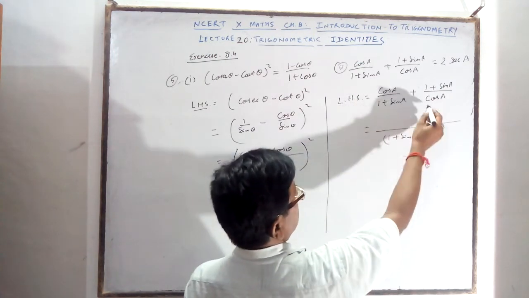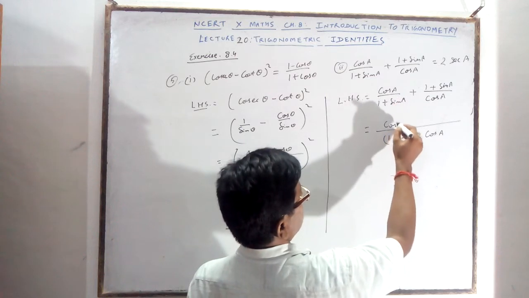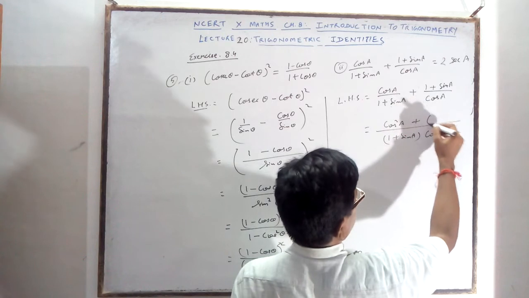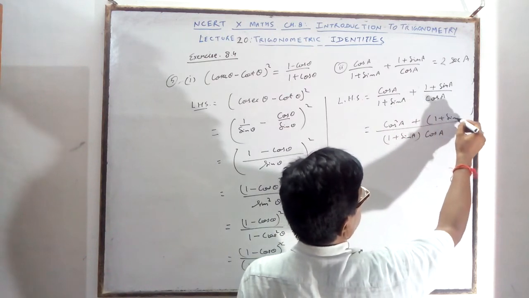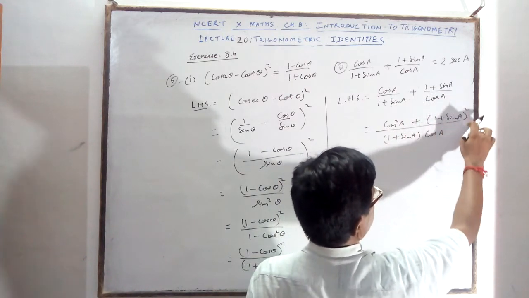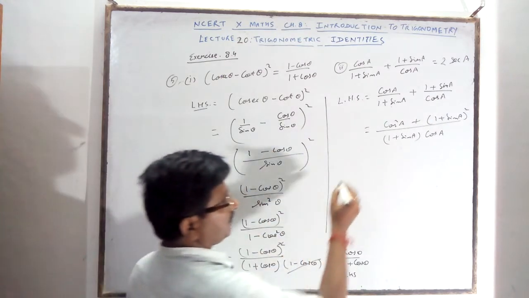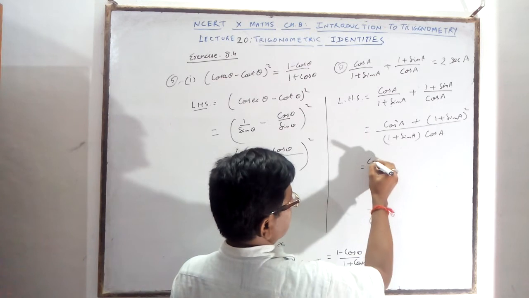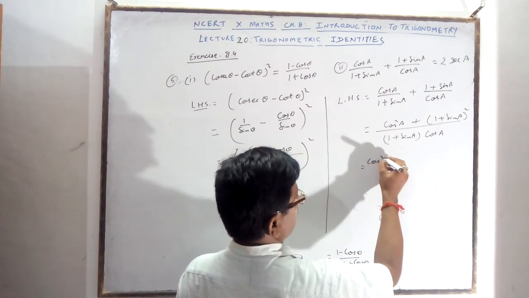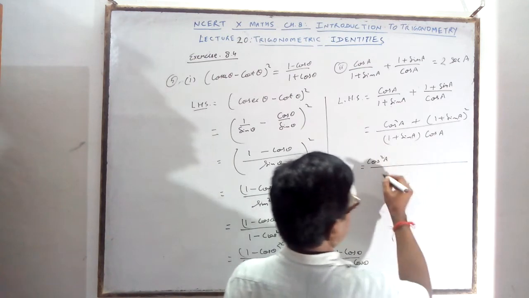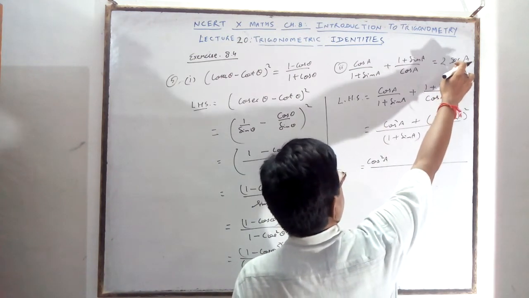Cos A multiplied by cos A, you get cos square A. 1 plus sin A multiplied by 1 plus sin A, you get 1 plus sin A whole square. Taking LCM like this, open the bracket only in the numerator, not the denominator. The denominator will have no change because you want 1 upon cos here.